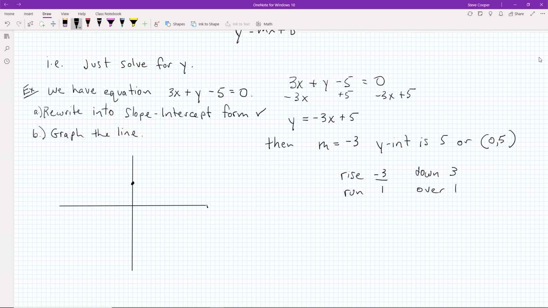So I'm up here at 5. So if I go 1, 2, 3, and then over, down 3 and over 1, puts me right here. If I go down 3 more and over 1 again, puts me here. So essentially, I've got the line made, and it looks like this.